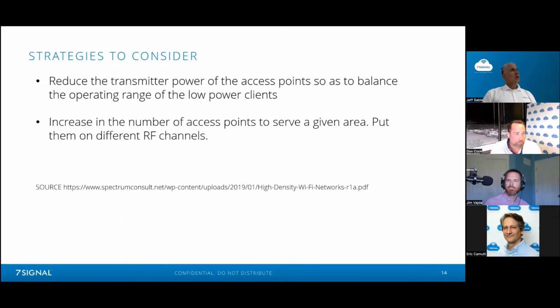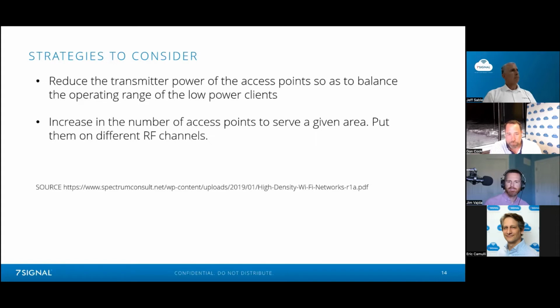Right. So we spoke a little bit about reducing the lowest data rates, and again, this isn't something just to slam a switch on, but maybe you want to also start considering reducing the transmitter power from the access points. And again, it's something that you'll test or try out, because that will change the behavior of the client devices that are going to be accessing your access points.